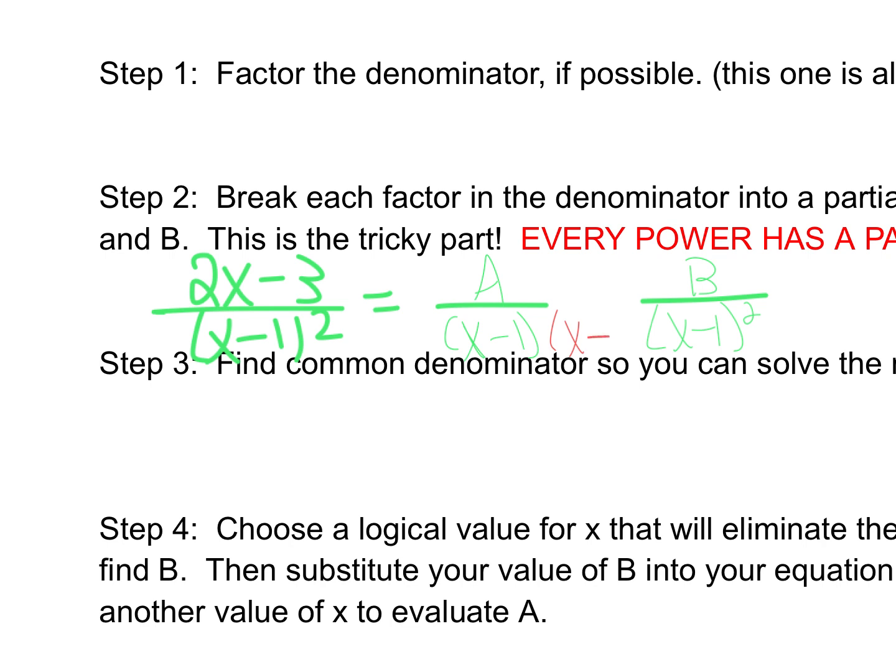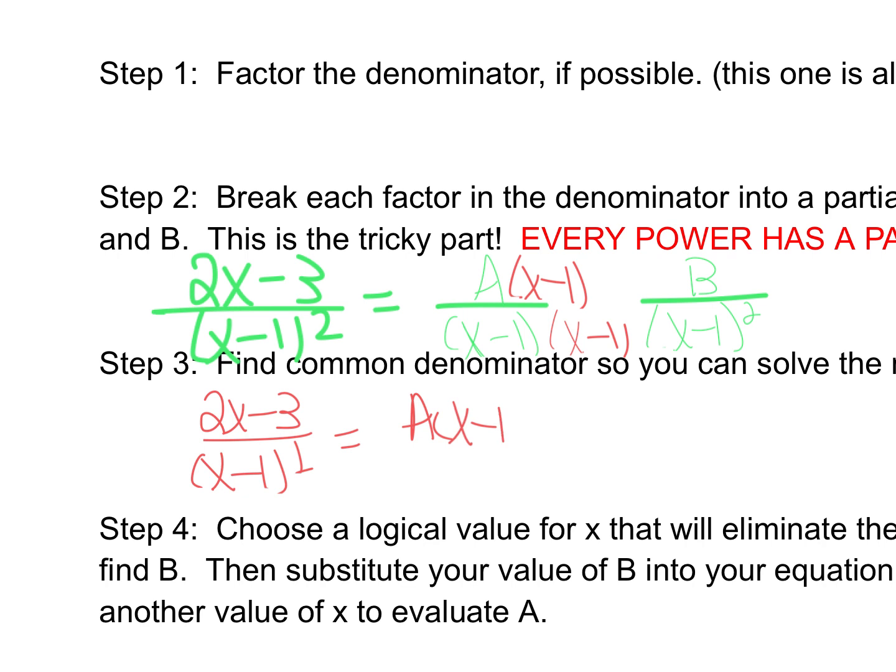And we're missing an x minus 1 here, because we have to have x minus 1 and x minus 1, which leaves us with 2x minus 3 over x minus 1 squared equals a times x minus 1 over x minus 1 squared plus b over x minus 1 squared.